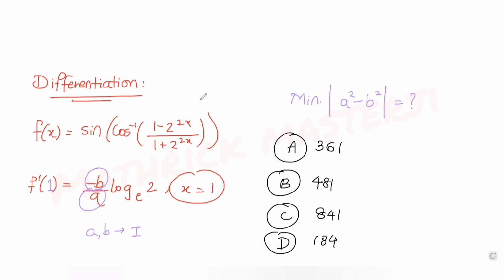First of all, to differentiate, I need to simplify my function f of x: sine of cos inverse of (1 minus 2 raised to 2x) upon (1 plus 2 raised to 2x).